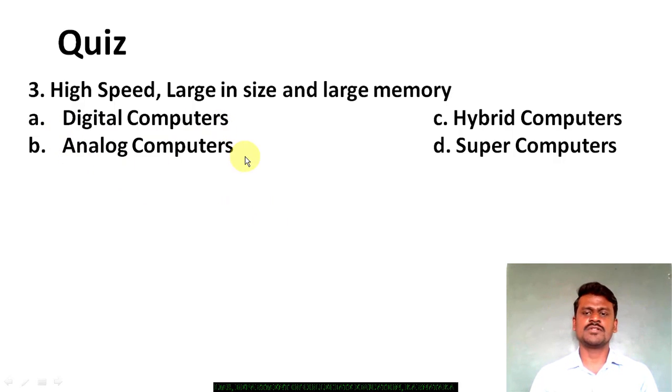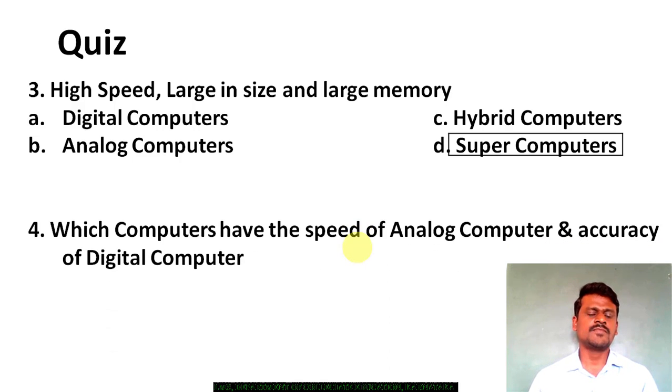Option B, analog computers. Option C, hybrid computers. Option D, supercomputers. Any guesses? Yes, correct. The answer is supercomputers, because those computers are very high speed and can contain a very large size of memory.